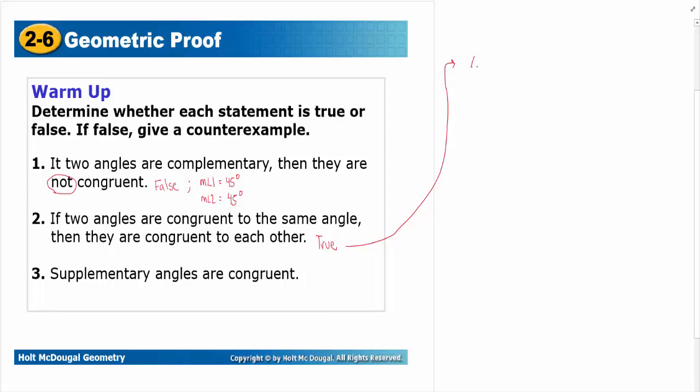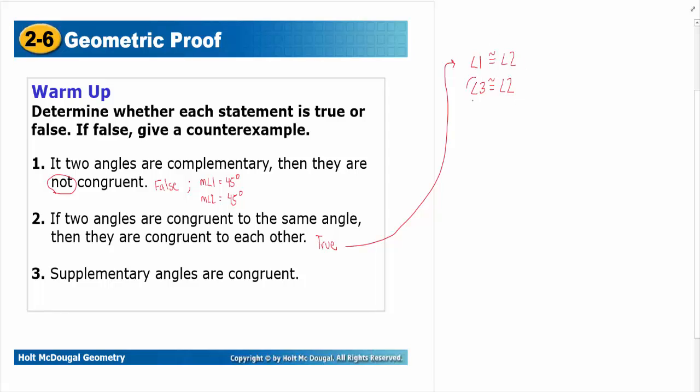So if we had angle 1, and they said it's congruent to angle 2. And again, the statement says if two angles are congruent to the same angle. So let's say angle 3 was also congruent to angle 2. See how they both have angle 2?